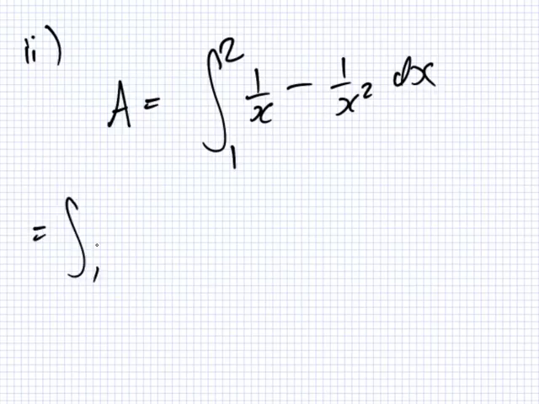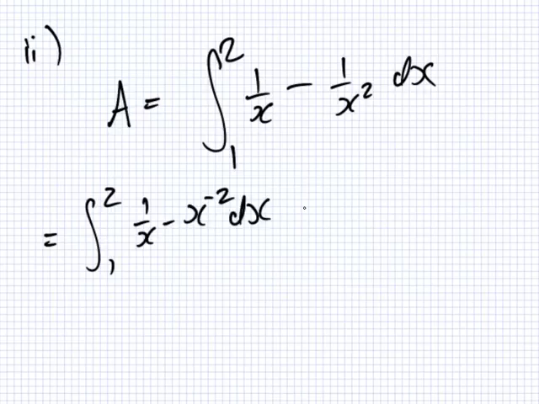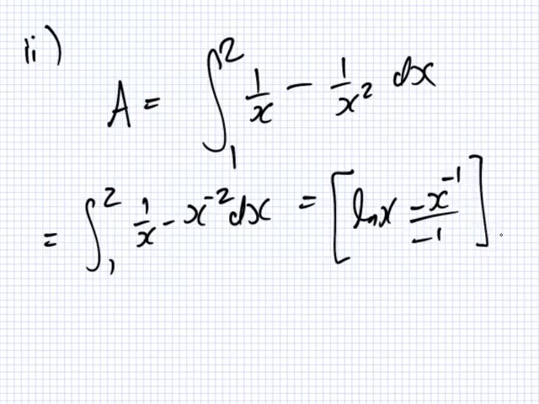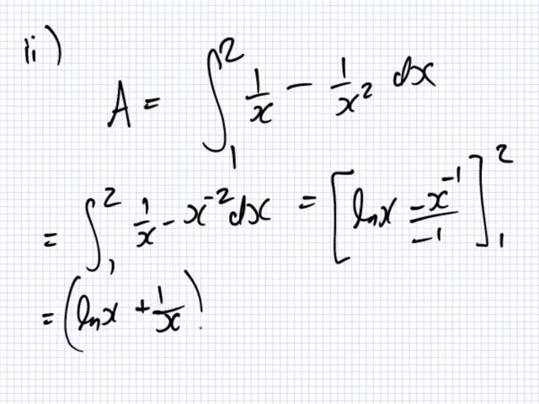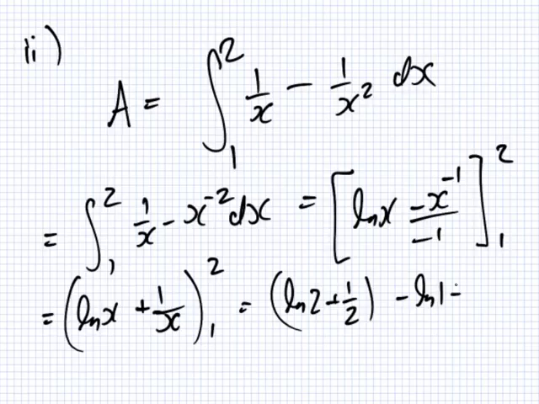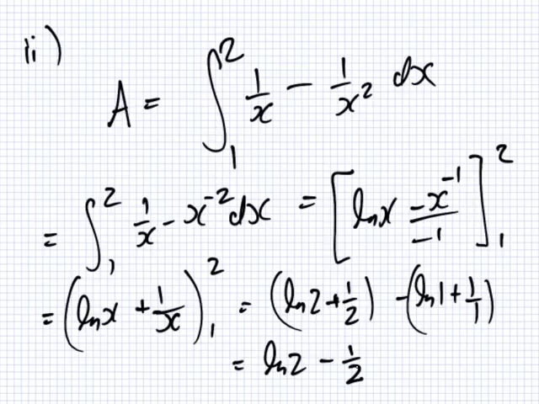So that equals the integral from 1 to 2 of 1 over x minus 2 dx, which equals log x minus 1 over minus 1, from 1 to 2, which equals log x plus 1 over x, from 1 to 2, which equals log 2 plus 1 over 2, minus log 1 plus 1 over 1, which equals log 2, a half, minus 1 is minus a half. Which is 0.193.